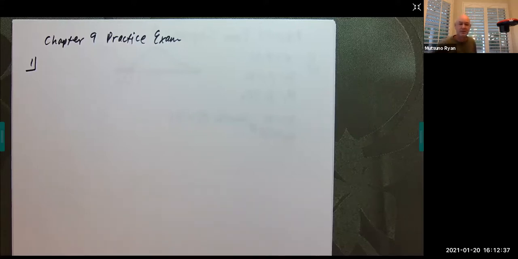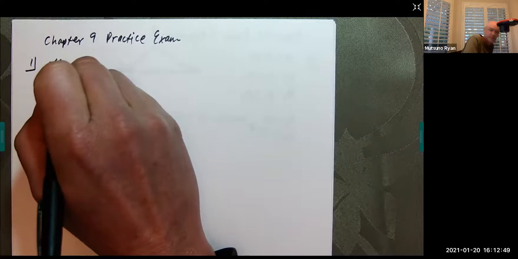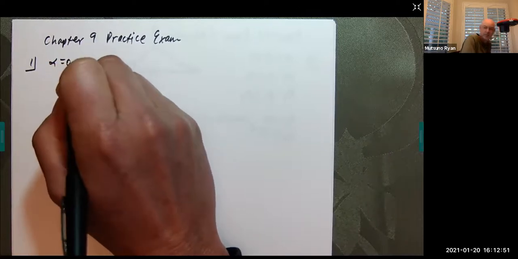Problem number one gives us a table and shows the number of satisfied in their work in a sample of working adults with a college education and without a college education. And they give us an alpha level of 0.05.